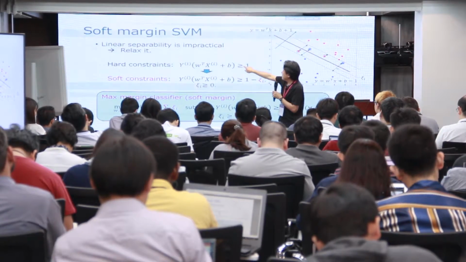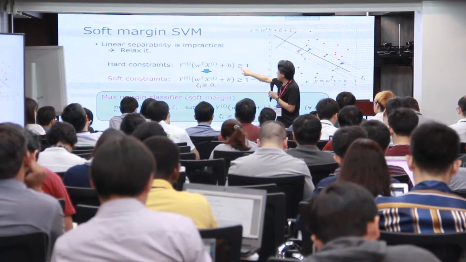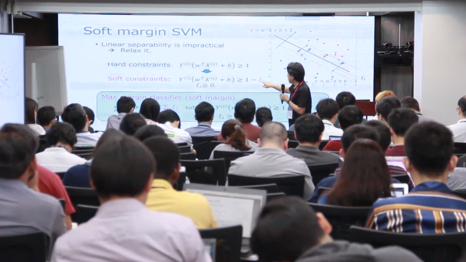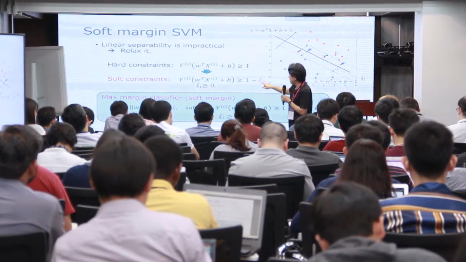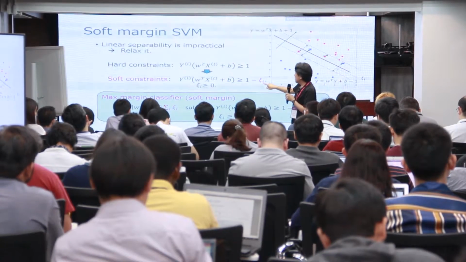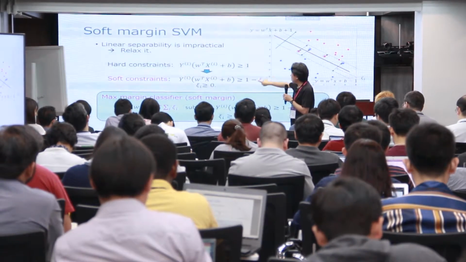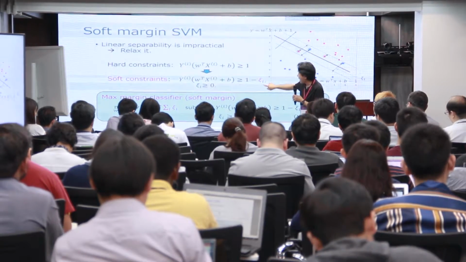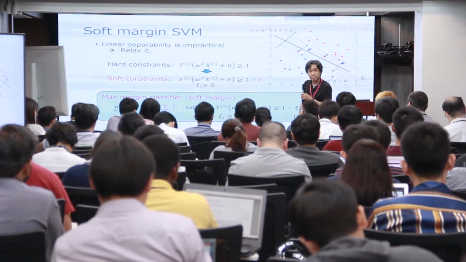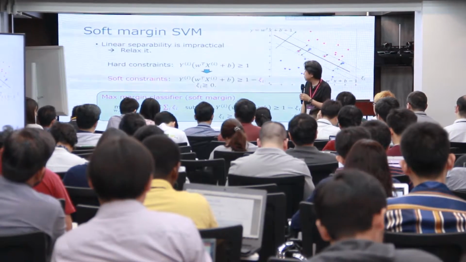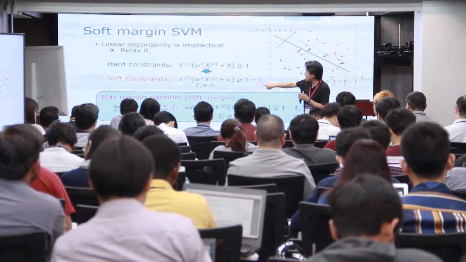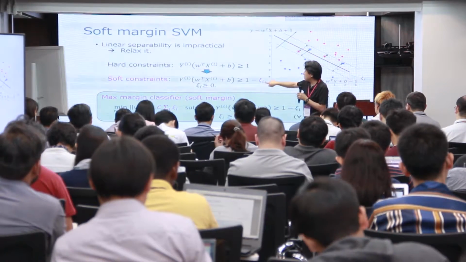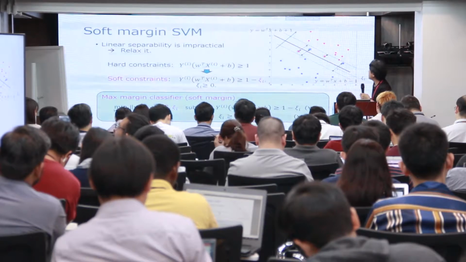So instead of requiring this inequality, we allow that some points may take a value smaller than 1. And the extent of breaking the condition is expressed by this Xi. Xi is non-negative, basically, and if it is positive, it breaks the condition.